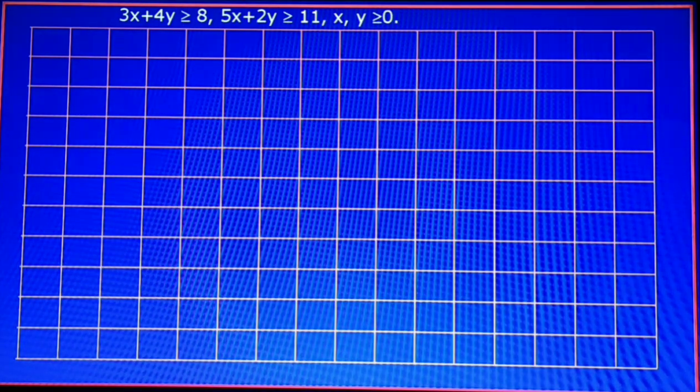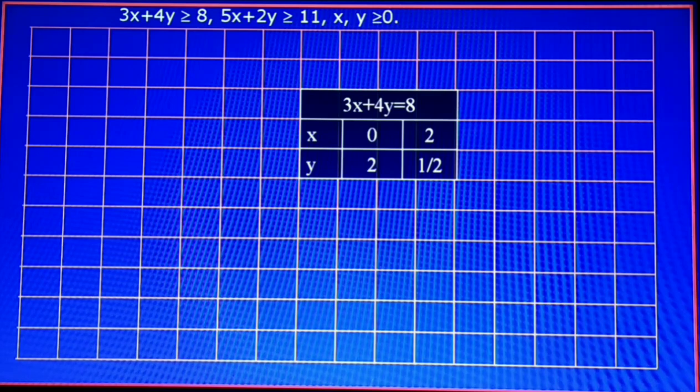Let us consider inequalities: 3x plus 4y is greater than or equal to 8, 5x plus 2y is greater than or equal to 11, x, y greater than or equal to 0. Corresponding equation of 3x plus 4y greater than or equal to 8 is 3x plus 4y is equal to 8. When x is equal to 0, y is equal to 2.